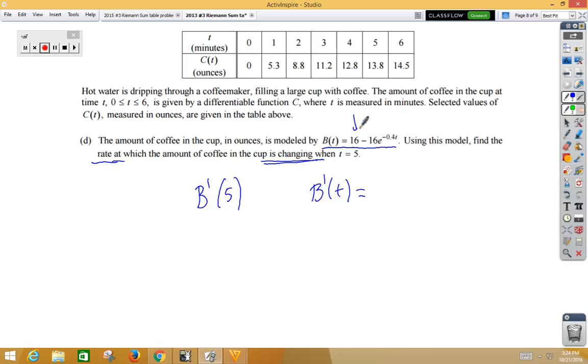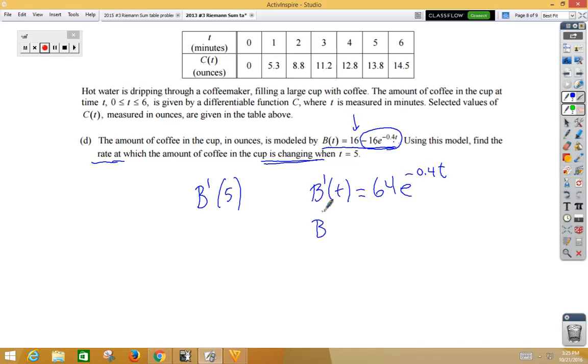Derivative of 16 is 0. Derivative of negative 16 e to the negative 0.4 t would be negative 16 times negative 0.4, which is 6.4 e to the negative 0.4 t.